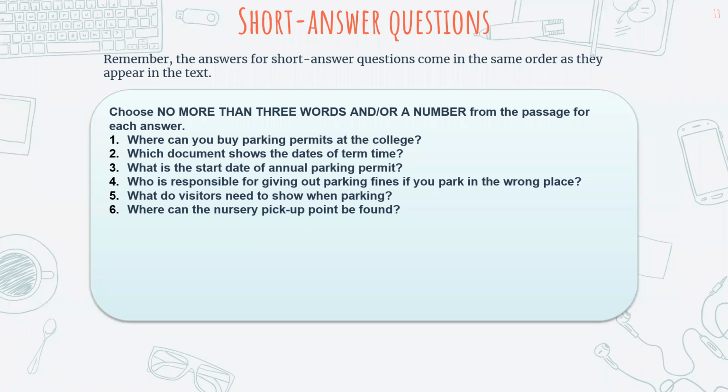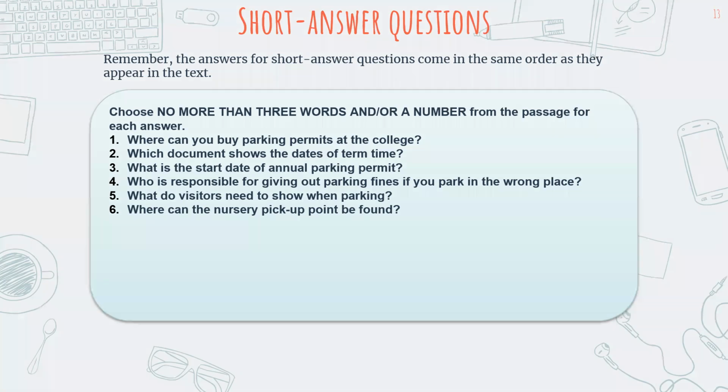We don't have maybe 3 or 4 different places in the text. It's all happening in the college. So for the first one, I wouldn't choose "at the college". I would choose "buy parking permits".